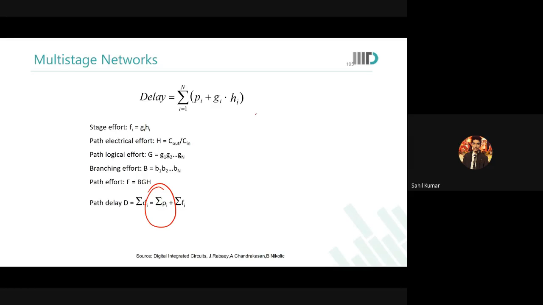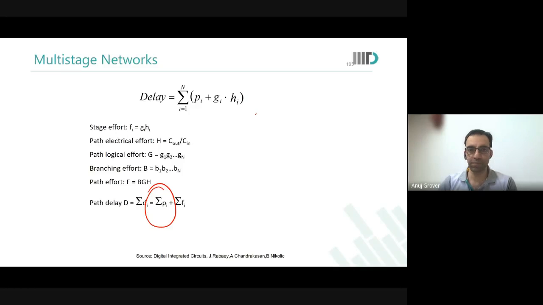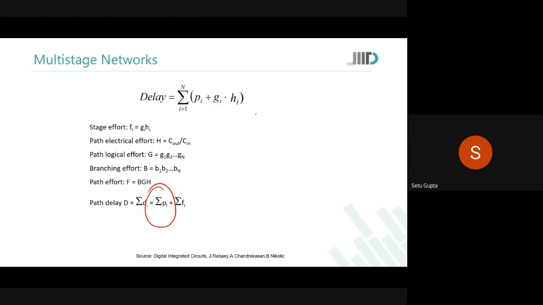Excuse me, sir. Can I say path effort is something like looking at the apparent capacitance of my circuit from the input of my whole path? If I do G1 into G3 and so on, that is effectively just multiplying the amplification factor of capacitance, because G tells me how C out would appear at C in.